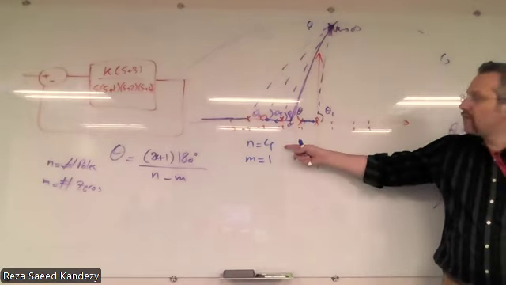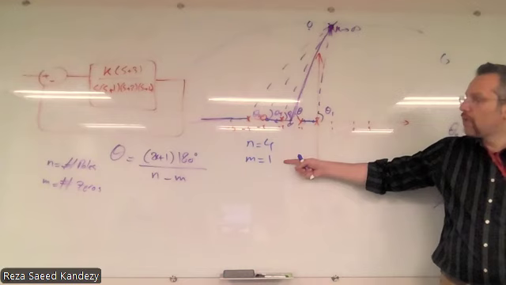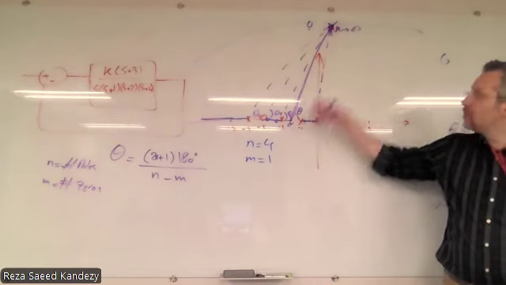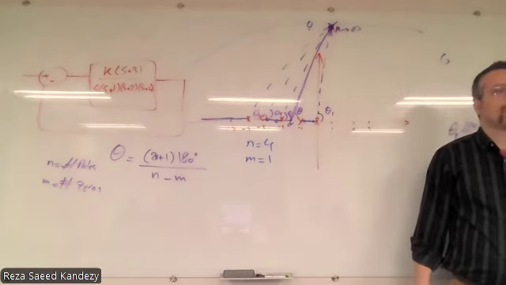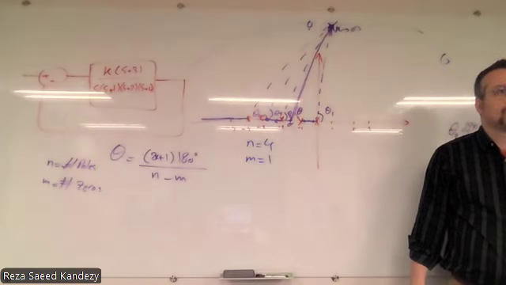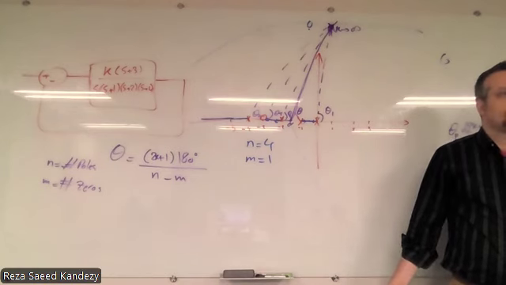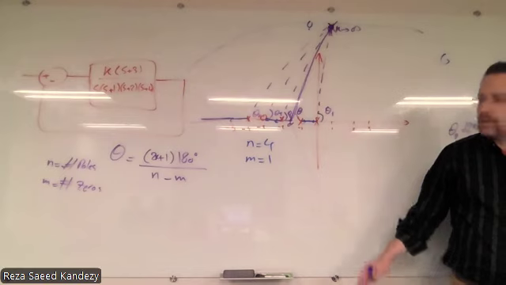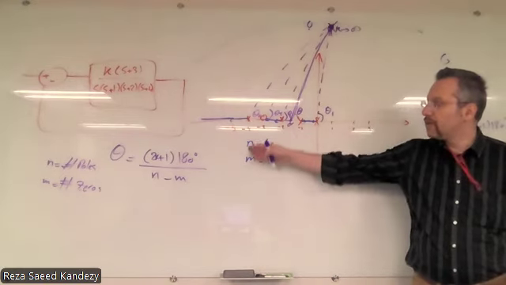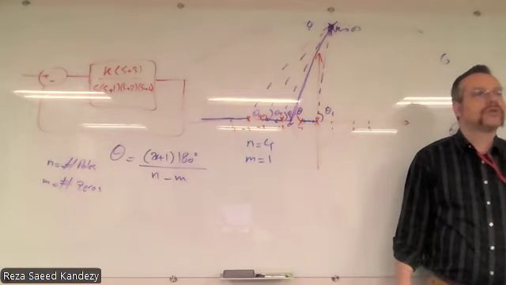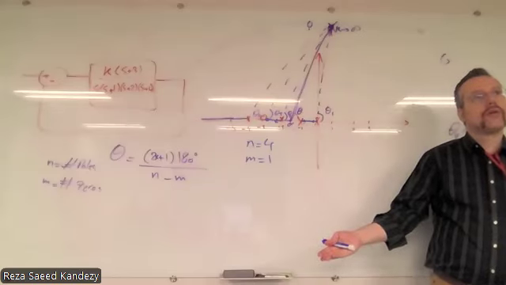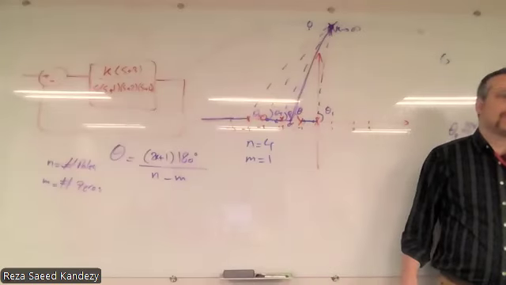In this example, we have 4 poles, 1 zero, and we ended up with 3 asymptote lines. N minus m. Correct? The difference between the number of poles and zeros would define how many lines you should have in your curve.